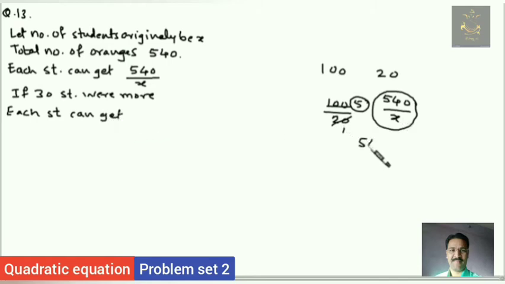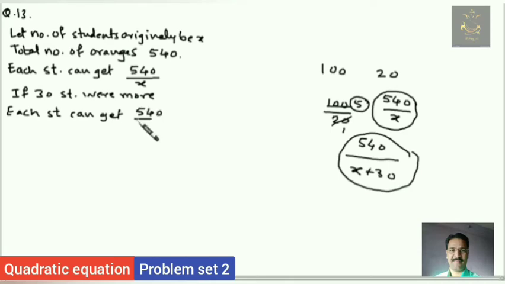Here, obviously, 540 is the only number of oranges. Now the number of students is 30 more than x, that is x plus 30. Now these oranges each student can get: 540 upon x plus 30.